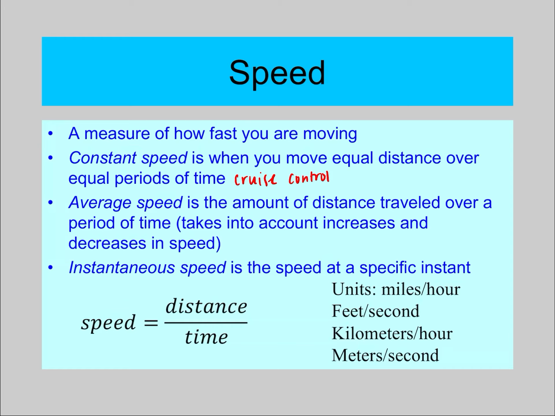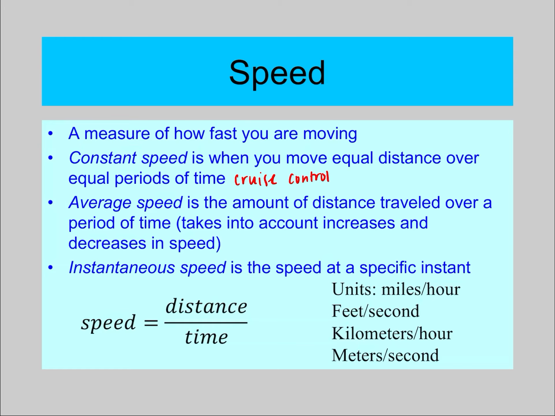Average speed is more or less what we are probably typically measuring. It's the amount of distance traveled over a period of time. So realistically, when you go on a road trip, you are not going to travel 60 miles an hour the entire time. You are going to slow down, speed up, and so average speed takes into account those increases and decreases in speed.